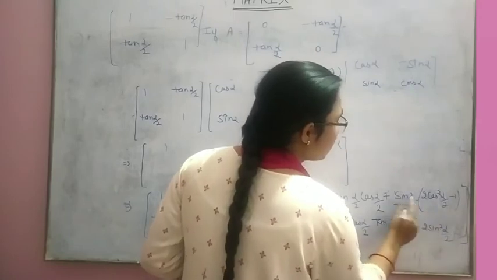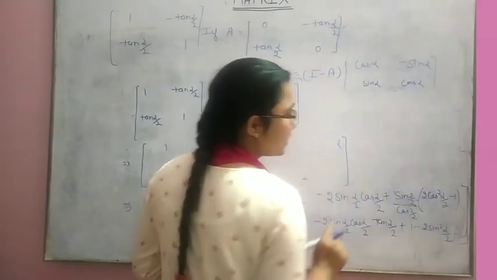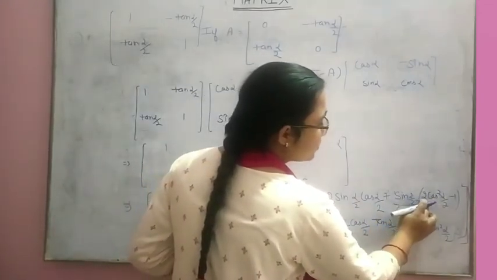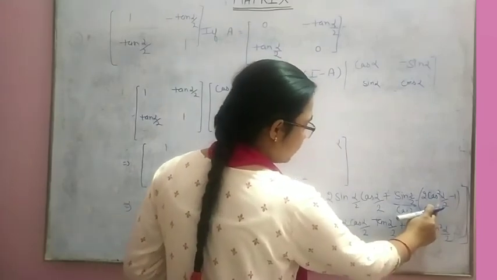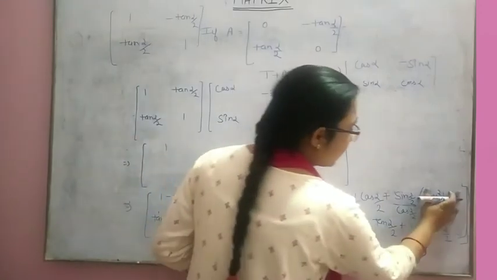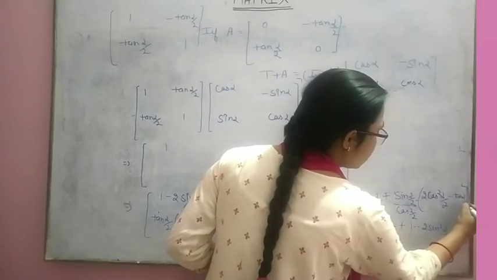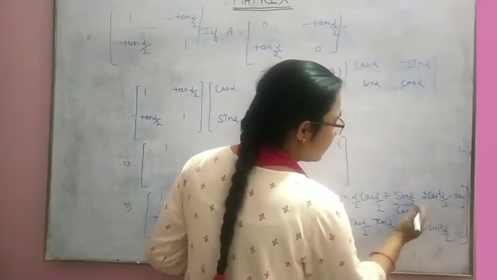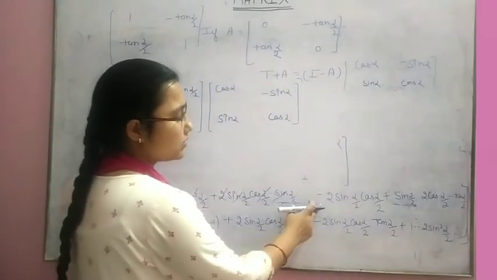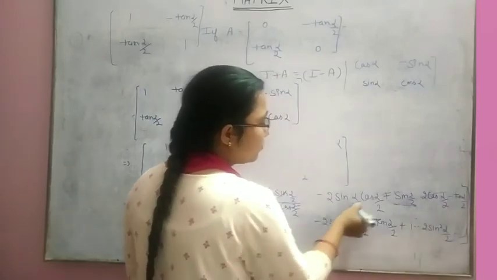Correct. For the second case, again tan alpha by 2 is written as sin alpha by 2 over cos alpha by 2. If this is multiplied by 2 cos square alpha by 2, the cos alpha by 2 will be cancelled out. So remaining is 2 cos alpha by 2 sin alpha by 2, and this one is written as tan alpha by 2. Minus 2 sin alpha by 2 cos alpha by 2 will be cancelled out by positive 2 sin alpha by 2 cos alpha by 2.